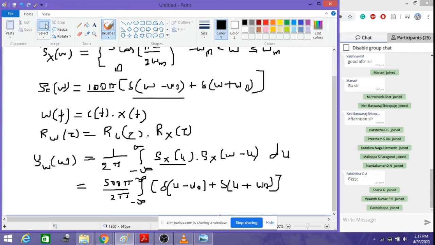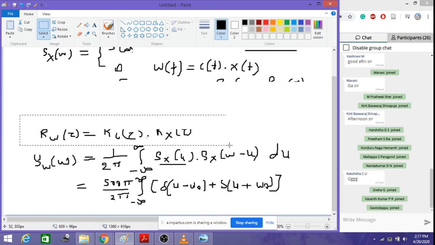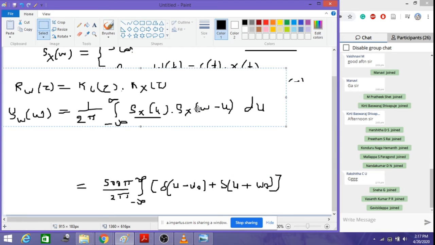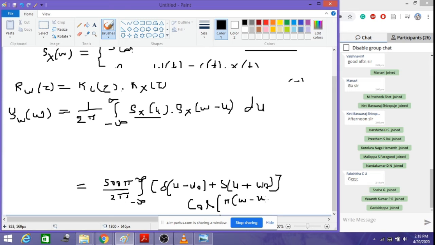Let me shift these terms which are not required here. So this is cos of pi, and this should be in terms of omega minus u, so it is omega minus u by 2 omega m, into du.